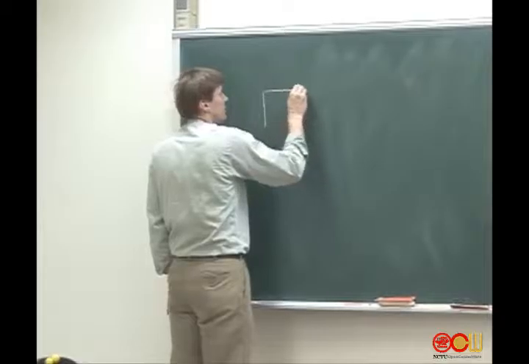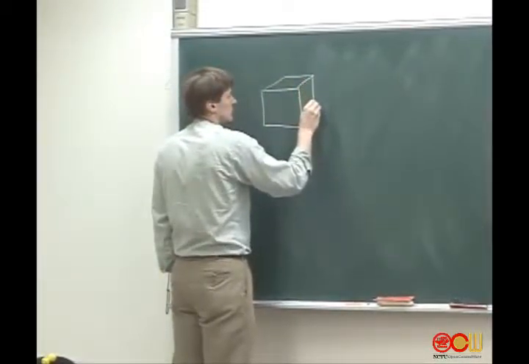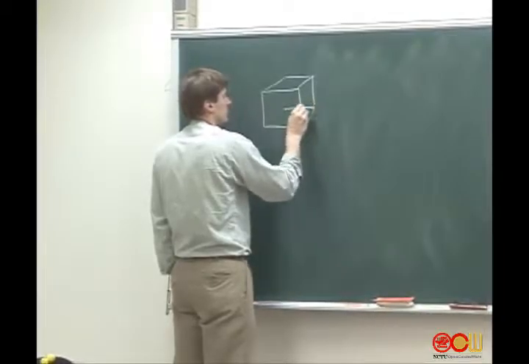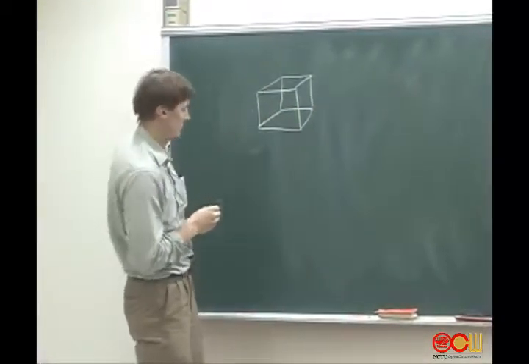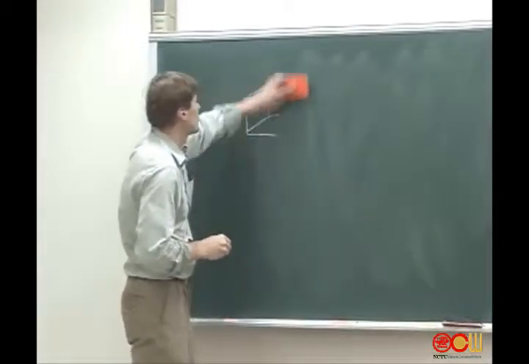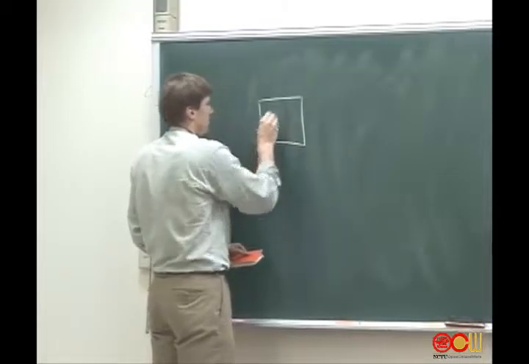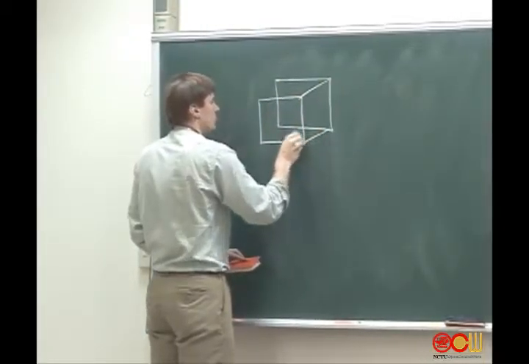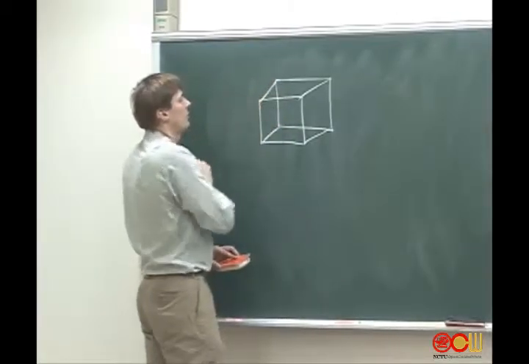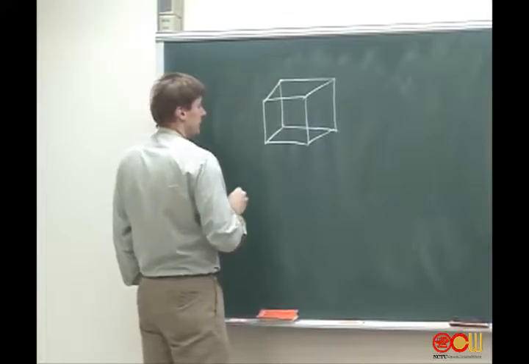Let's take a primitive cubic cell. It's not a very good one. Once again, 1, 2, 3, 4. Good. Now it's a bit better.